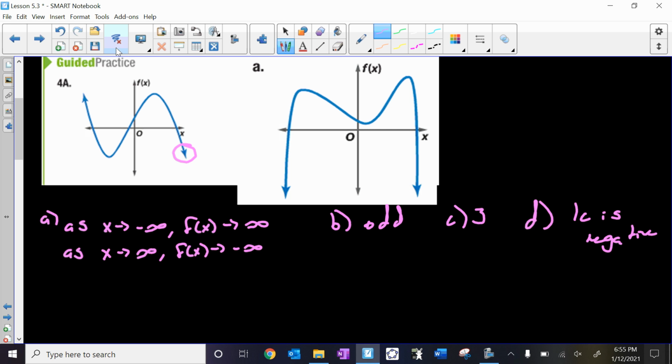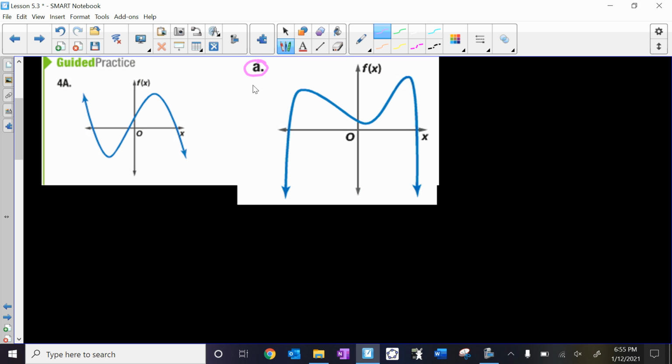Okay, so that's the first one. I'm going to do the other one as well. That way you have 2 examples to go off of. And I'm going to erase all of this. So now looking at this one over here. To describe my end behavior again, we're going to say as x goes to negative infinity, as I go left, my graph, f of x, is going to negative infinity.